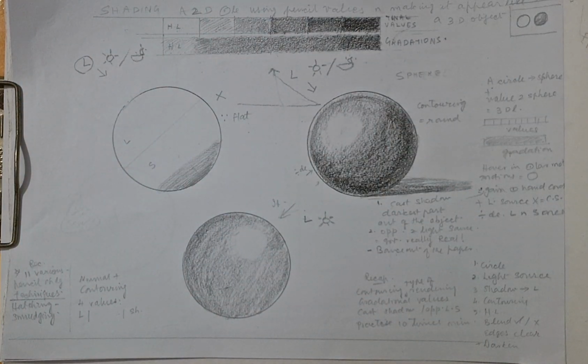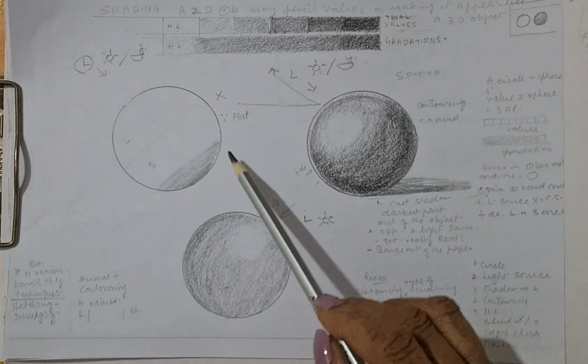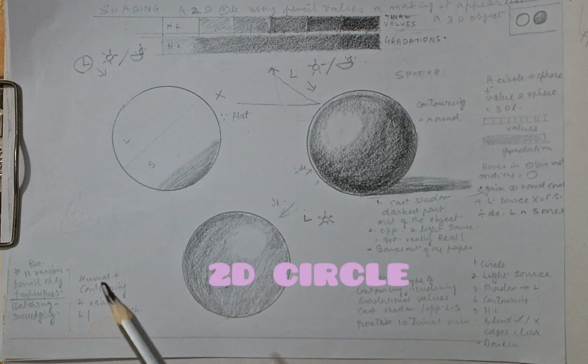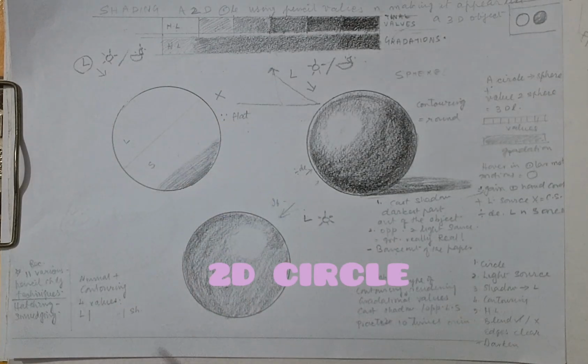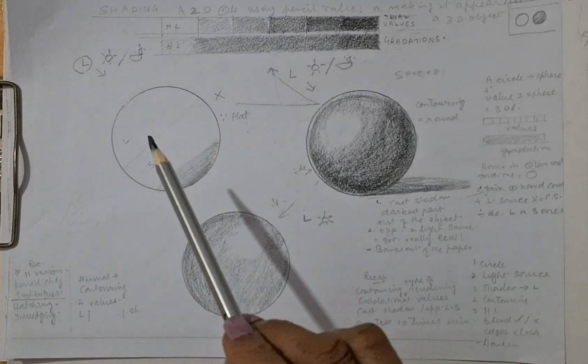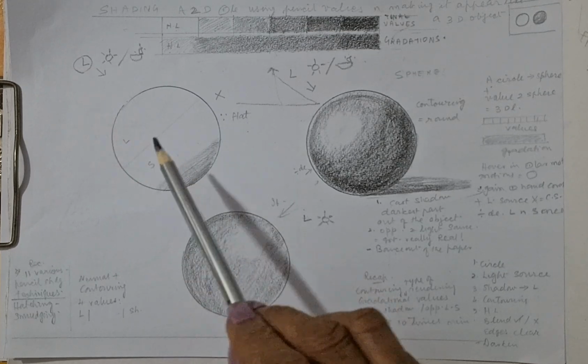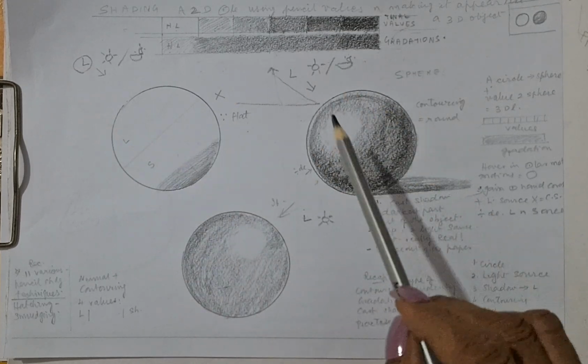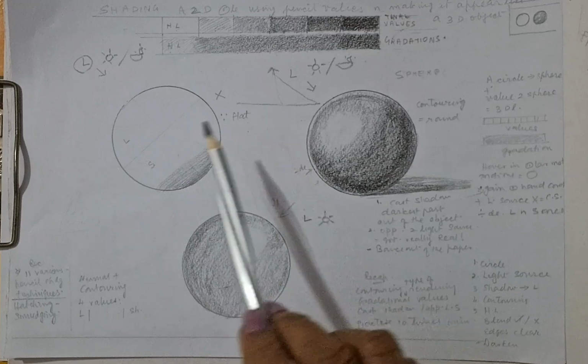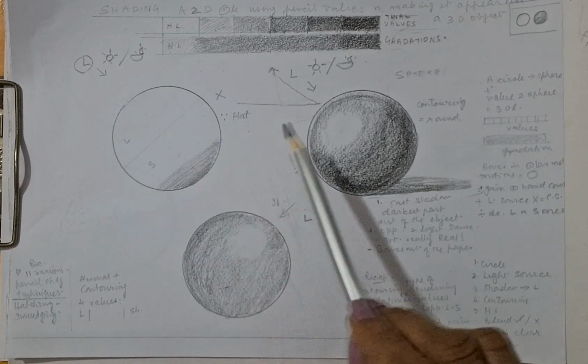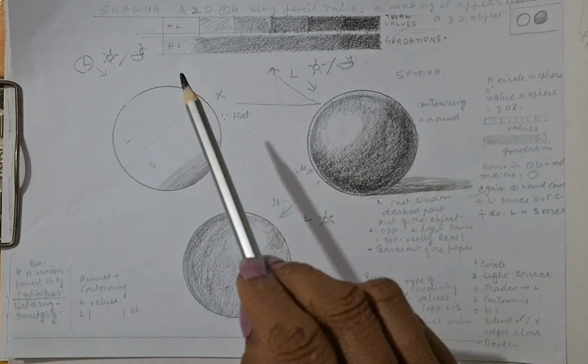Now here you can see a plain 2D circle. If we have to give a 3D effect, three-dimensional effect, to this plain flat circle, we have to follow gradation methods.